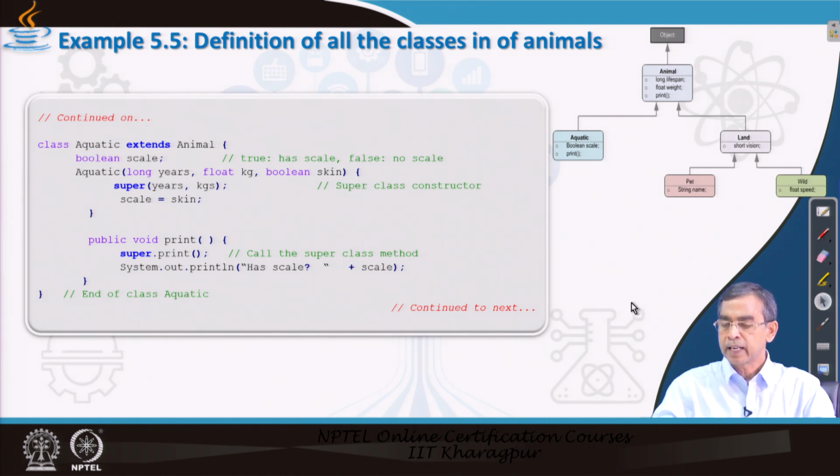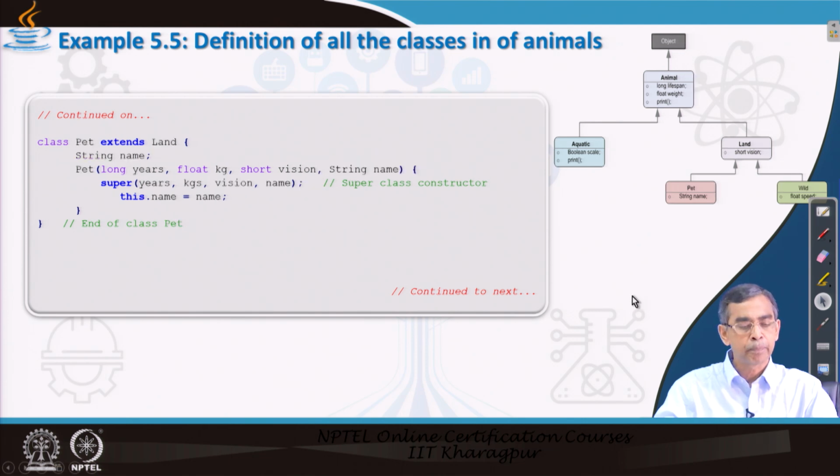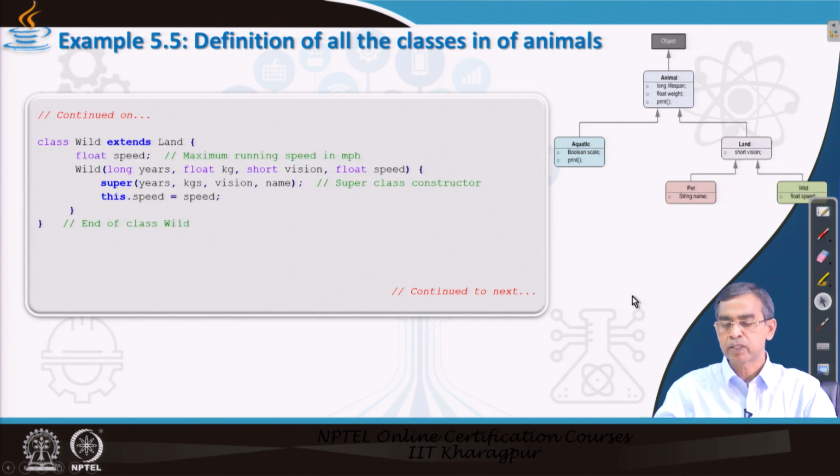Likewise, we will declare Land. Land extends Animal, very simple, it has basically one simple method, the constructor, there are no other methods. Now, likewise Pet and Wild are defined. So, all methods are defined, which means all classes are defined.